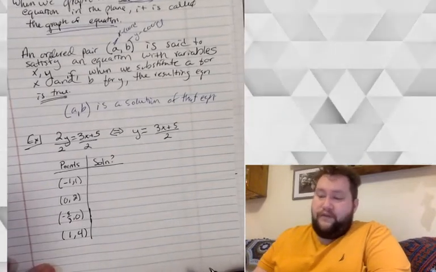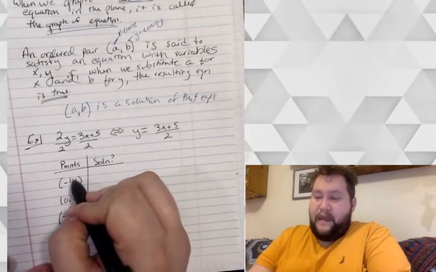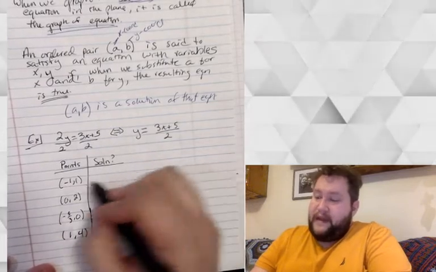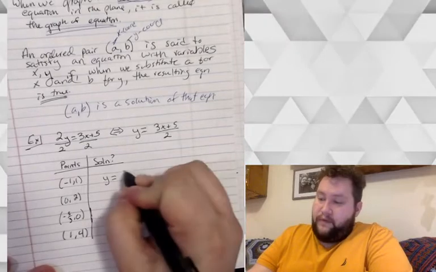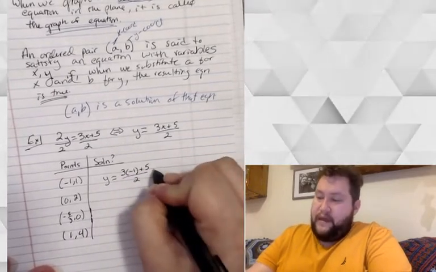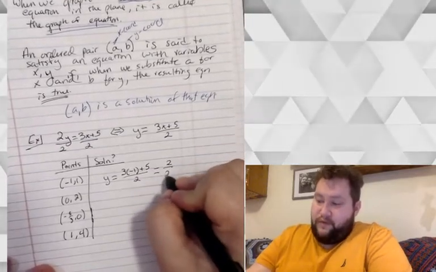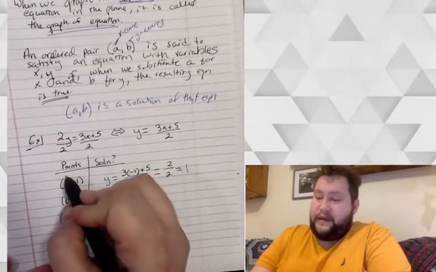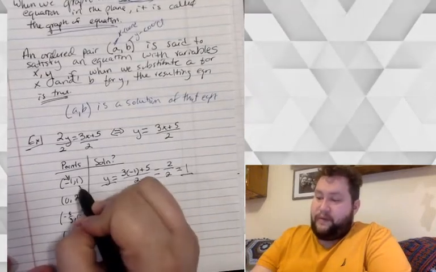So what we would do to check the first one, if we pick -1, which is our x value, if we take that -1 and substitute it for x, we get y equals (3 times -1 plus 5) divided by 2. And that's the same as (-3 plus 5), which is 2/2, which is 1. And so when we plugged in -1 for x, that told us that y was 1, which is what we wanted.